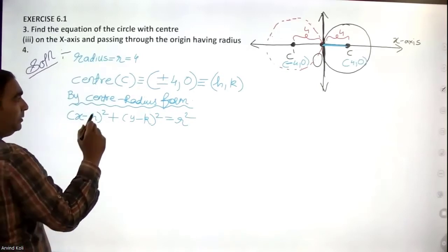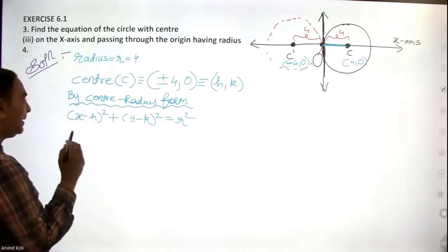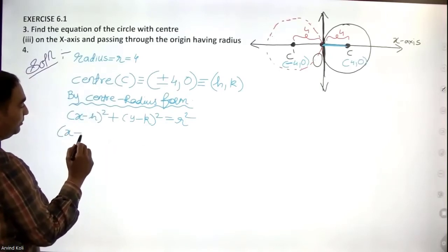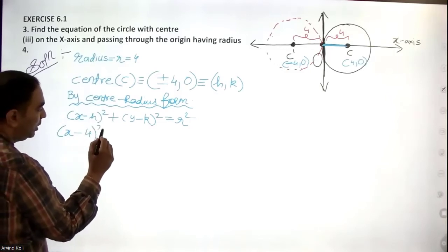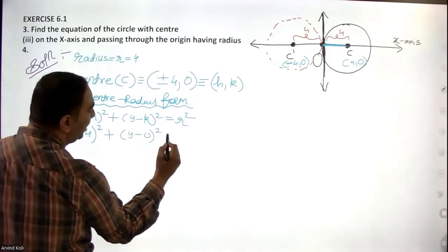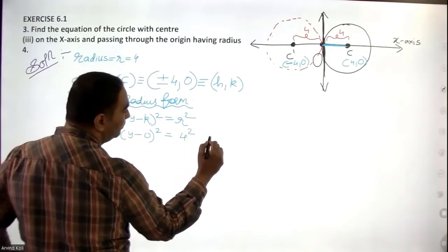Students, if plus or minus है तो पहले एक काम करते, पहले प्लस वाला करते फिर माइनस वाला करते. So it will be x minus 4 the whole square plus y minus 0 the whole square is equals to r is 4 तो 4 square.